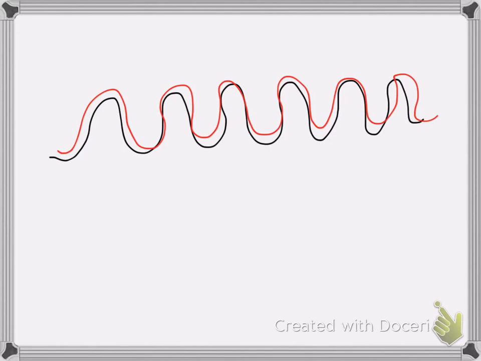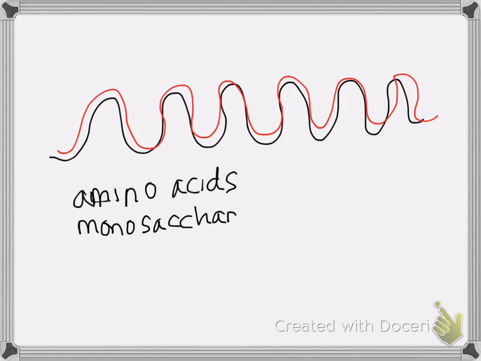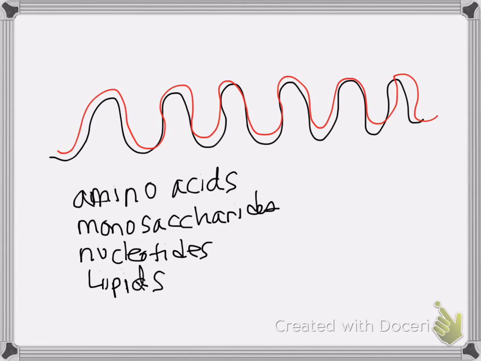Remember, the molecules that will be absorbed by the capillaries are going to be amino acids, which are the building blocks of proteins, monosaccharides, which are the building blocks of carbohydrates, nucleotides, which are the building blocks of DNA and RNA, and lipids. So those will all get absorbed into your bloodstream and used throughout your body. From the small intestine, the leftover material will go to the large intestine.